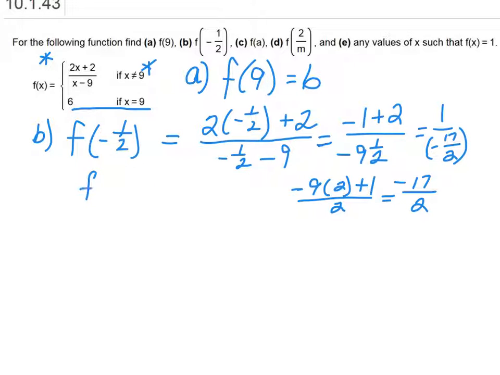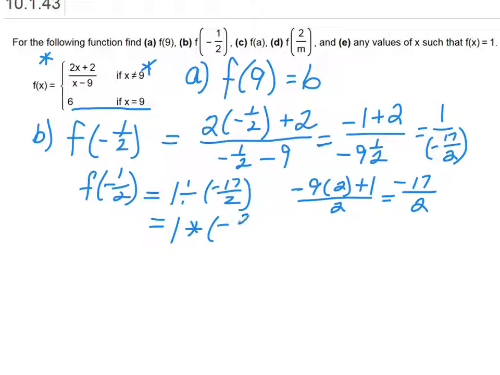So in our final step to simplify that, and this is, again, something you may not have done in a while, 1 divided by negative 17 over 2, which is what that fraction says, is the same thing as 1 multiplied by negative 2 over 17.